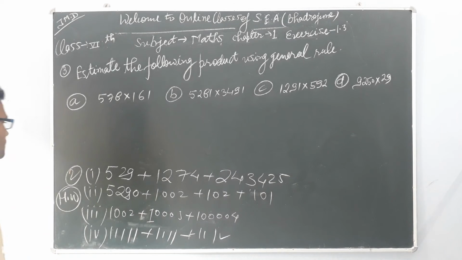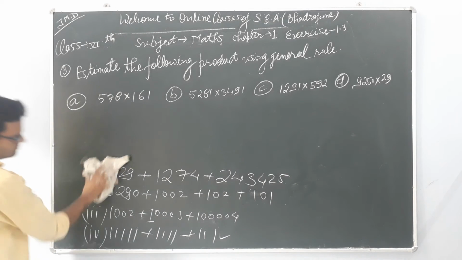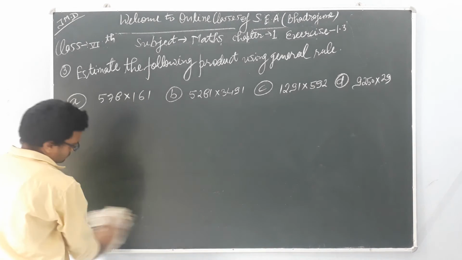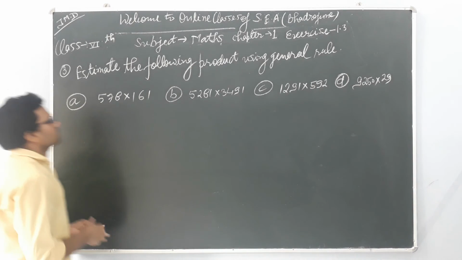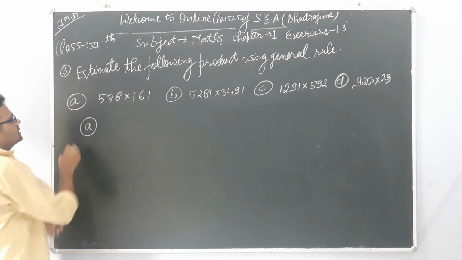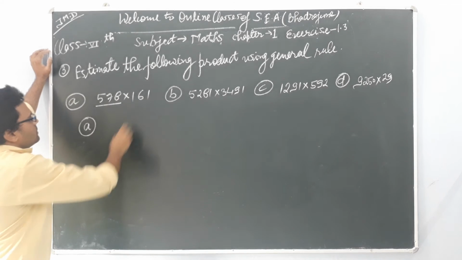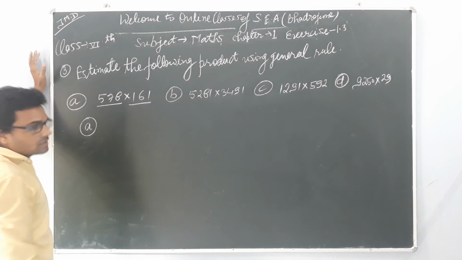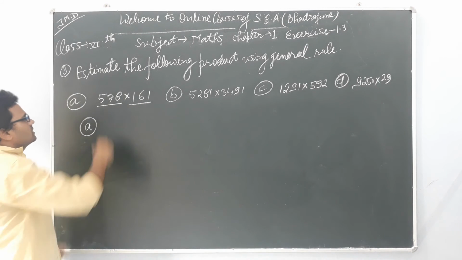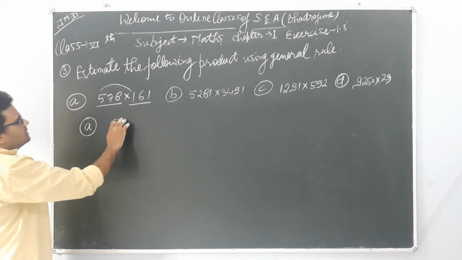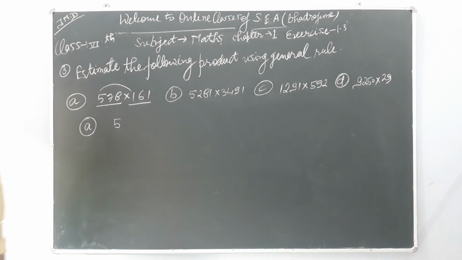Next one is part A. This is 578 and this is 161, and if we will see then 5 ones are 5, and here we are getting 4 digits, 4 other digits.